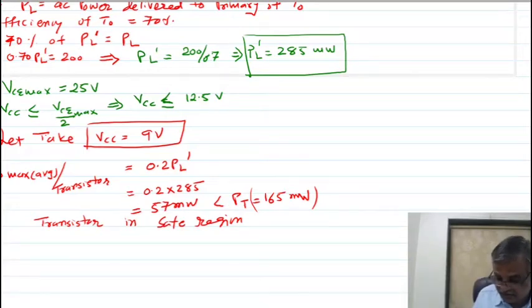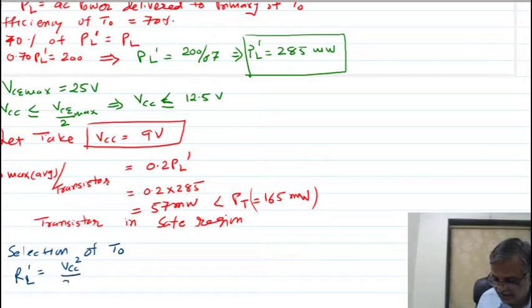Now let us see the selection of output transformer. How are you selecting the output transformer? For that I am discussing. You know RL dash is given by VCC square by 2 PL dash.